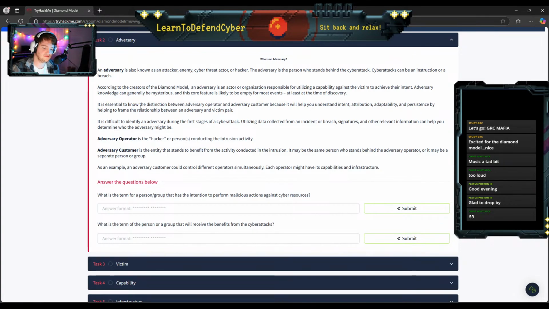It is essential to know the distinction between adversary operator and adversary customer because it will help you understand intent, attribution, adaptability, and persistence by helping frame the relationship between adversary and victim pair.